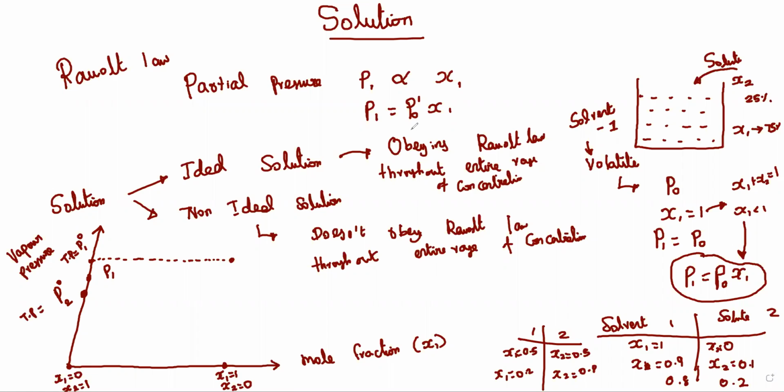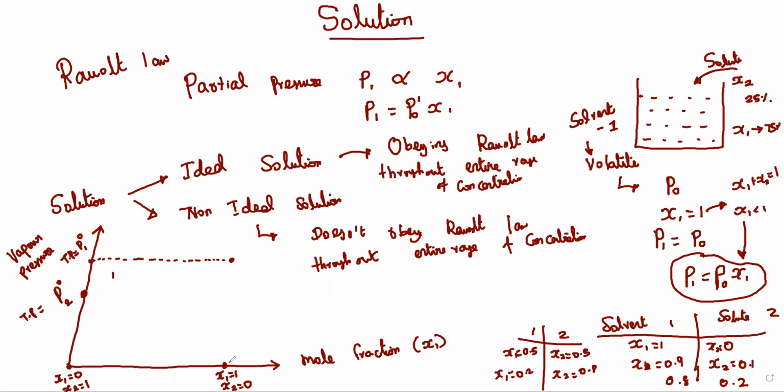We already explained this graph, but I will explain it once more. When x1 is equal to 0, the total pressure is equal to the partial pressure of second component.